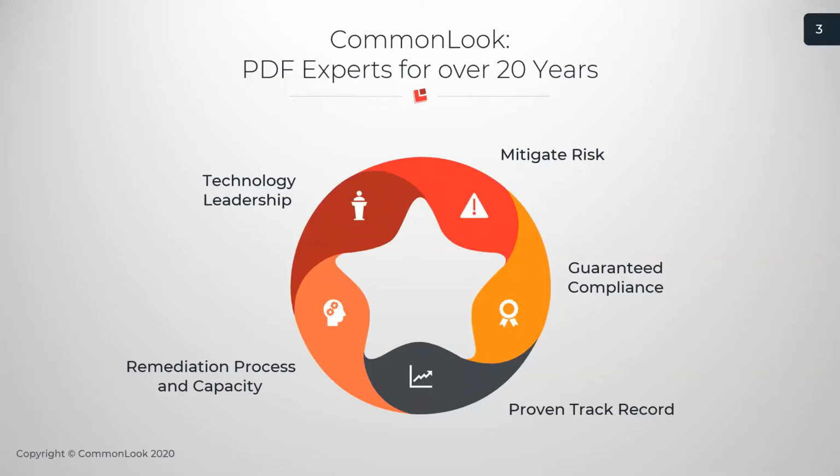If you think about that in terms of the digital age, that is a whole lot of leadership. We not only develop proprietary software products that you can use to make your own documents digitally accessible, but we also provide customers who prefer to have someone else do the work with a document remediation process and capacity that's about as close as you'll get to the elusive easy button that everyone is always looking for.